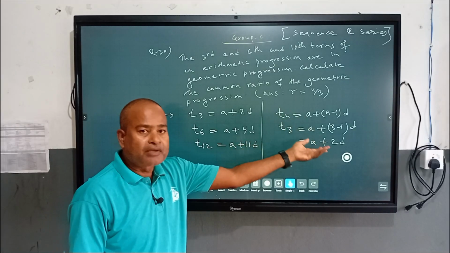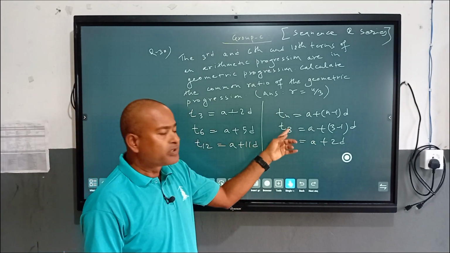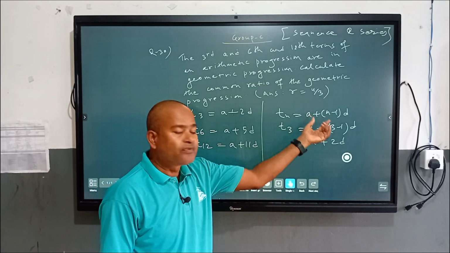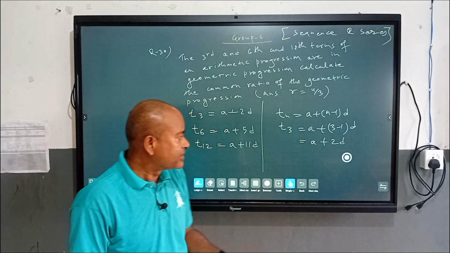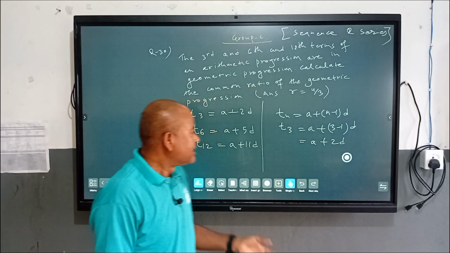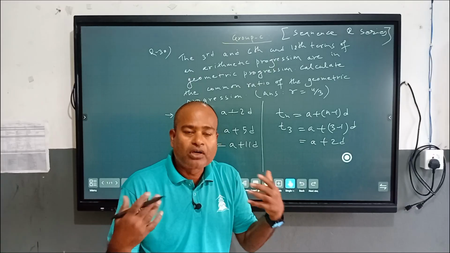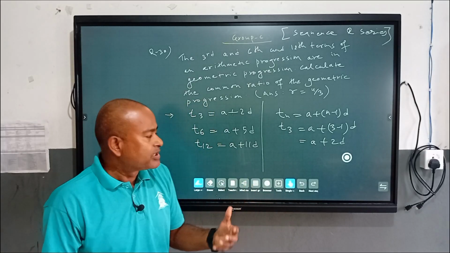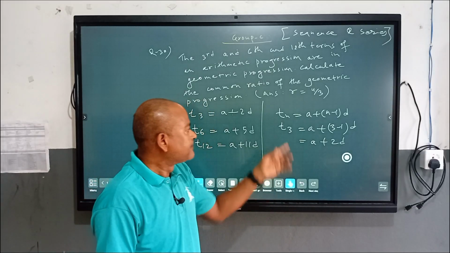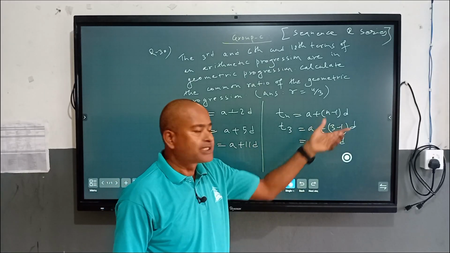Similarly, for T6, if we put n equals 6, then we get T6 equals a plus 5d. Similarly, for T12, that means the 12th term of the arithmetic progression, the value of T12 will be 12 minus 1, that means a plus 11d.